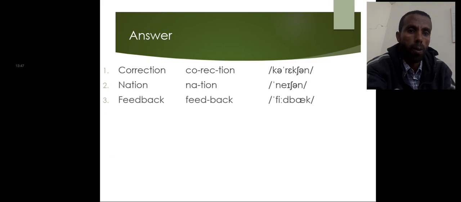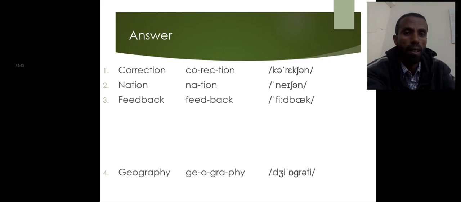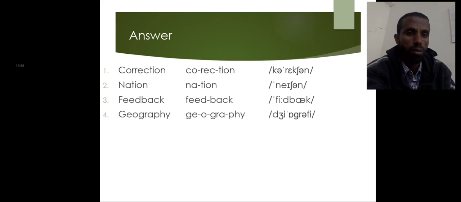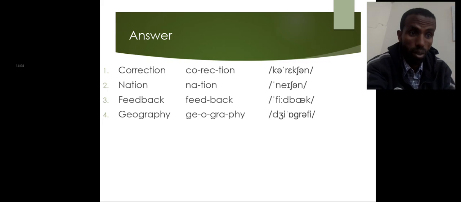Number 3, feedback. So feed is 1 syllable, back is another one, 2 syllables. Number 4, geography. Geography, how many syllables do we have? 1, 2, 3, 4. How many vowels do we have? We have 4.